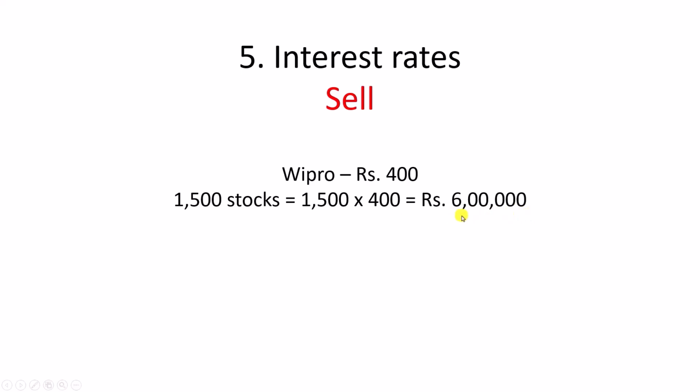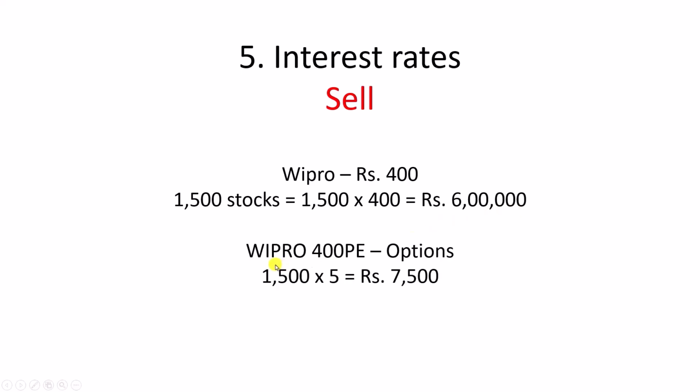Now remember, this is not buy first, sell later. This is sell first, buy later, short selling. Whereas, if you buy 400 PE options, you have to pay this much money. The put option premium is 5 rupees in this case.